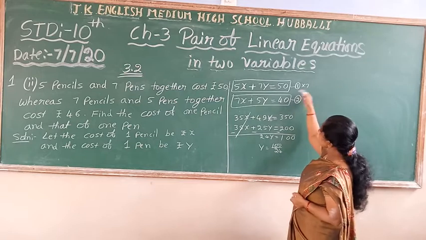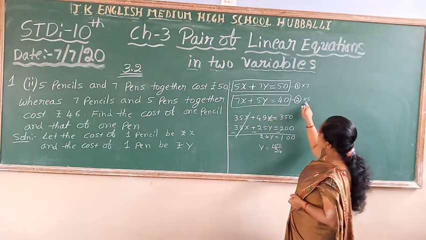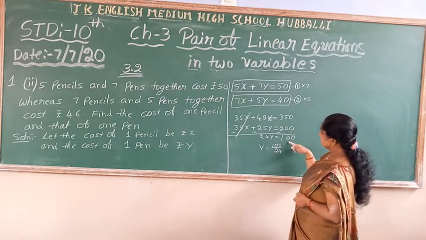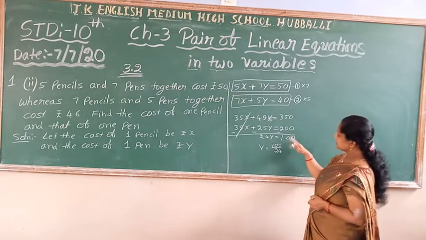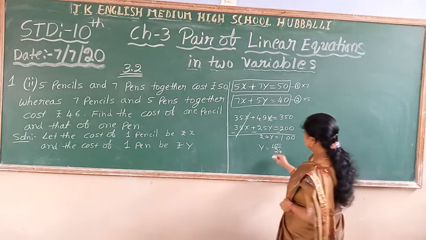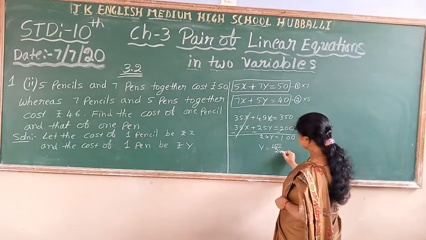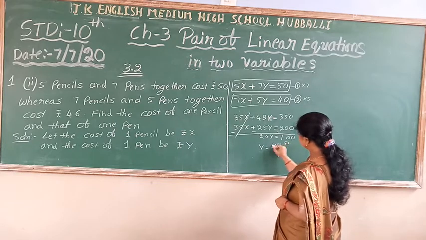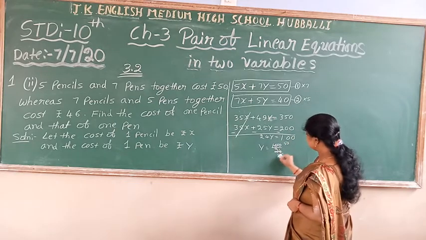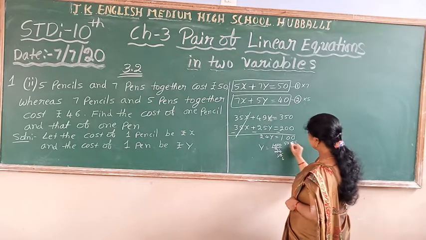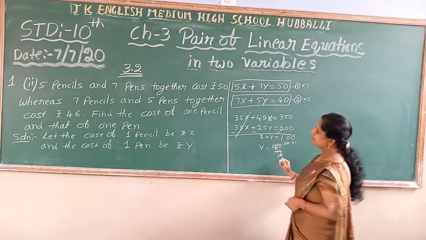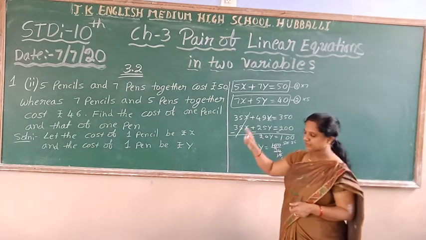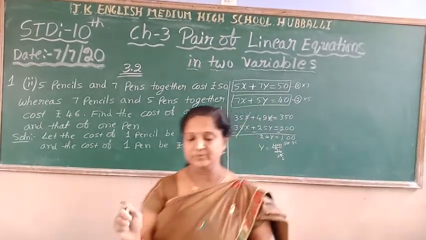Just to check, in any table it goes. 2 1s are 2, 2 2s are 4, 2 5s are 10, then 2 6s are 12, 2 2s are 4, 2 5s are 10, 25 by 6 it becomes. See, just you check out. Just a minute. Now you read once the statement.